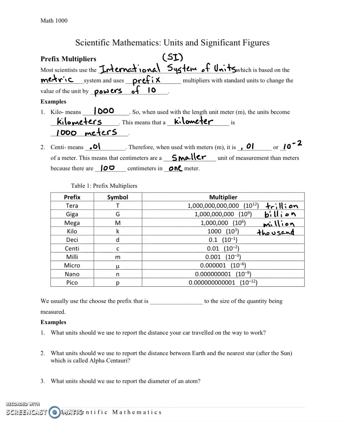Deci is tenth. Centi is hundredth. Milli is thousandth. Then we have millionths, which is micro. Nano is billionths. And pico is trillionths.